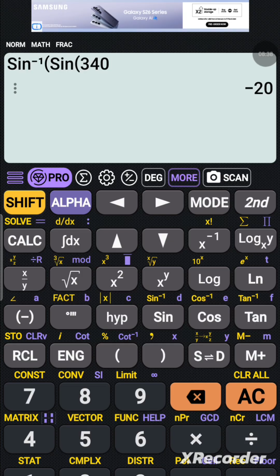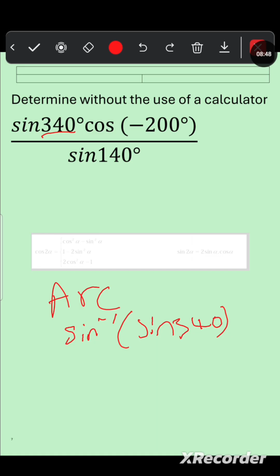So this is what I get. I get a -20. So now the -20 means that the 340 has reduced to 20, and the negative sign must go to the trig ratio itself. It means the trig ratio is negative.